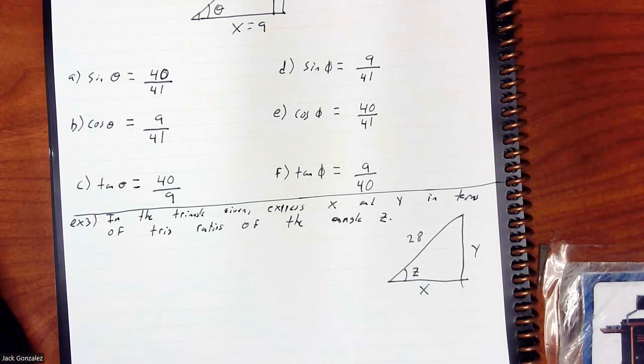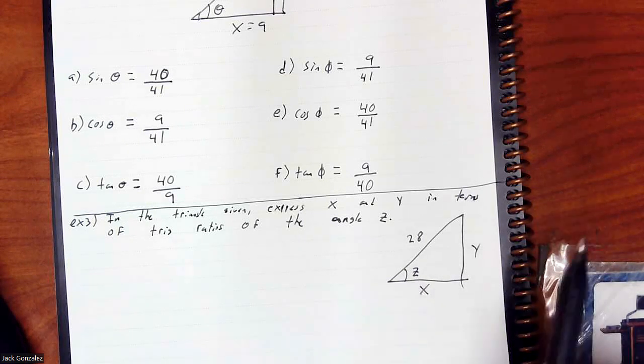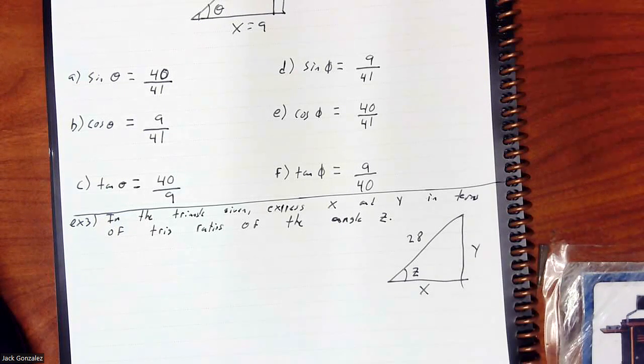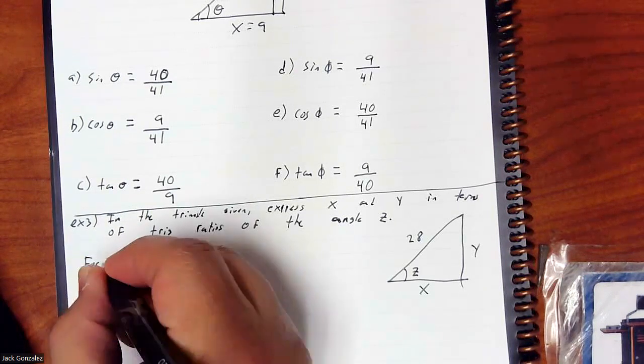So choose one that incorporates x, but with respect to z. Okay, so if I want to represent y or solve for y, what trig function should we choose? Yeah, we should choose sine, right?